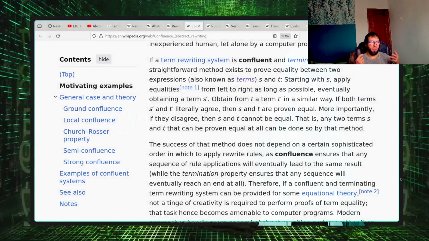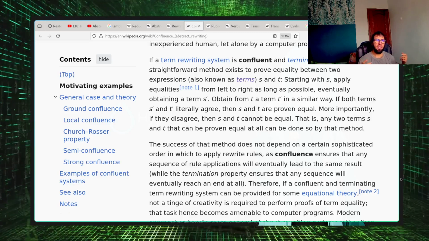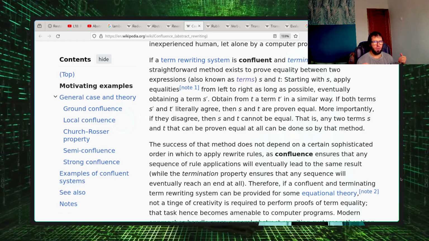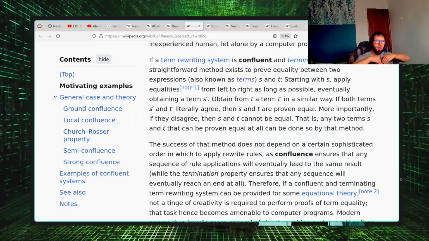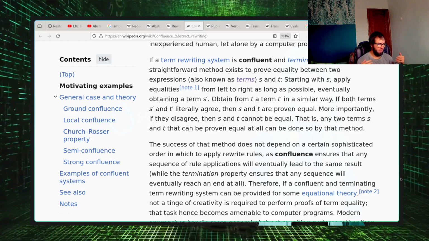If the rewriting system is confluent and also terminating, this means that there exists some method to prove the equality between two expressions or terms, S and T. Because they are confluent, at some point we will come to one term. And because they are terminating, we will reach this point in a finite number of steps.